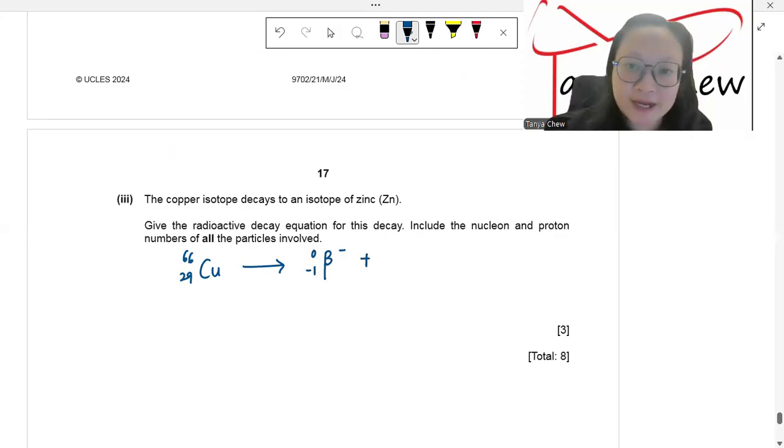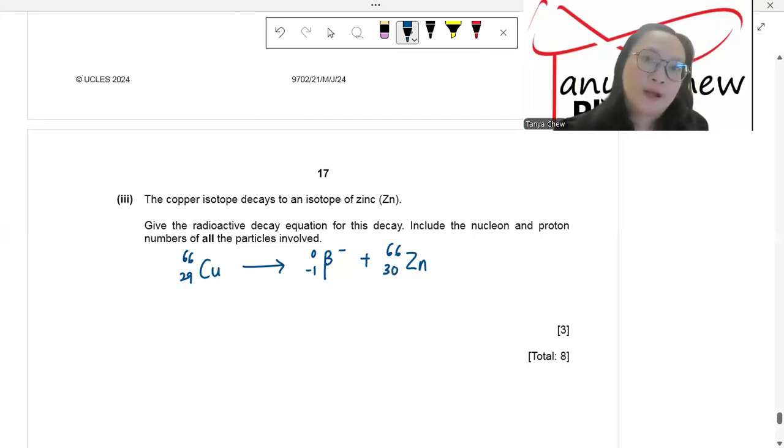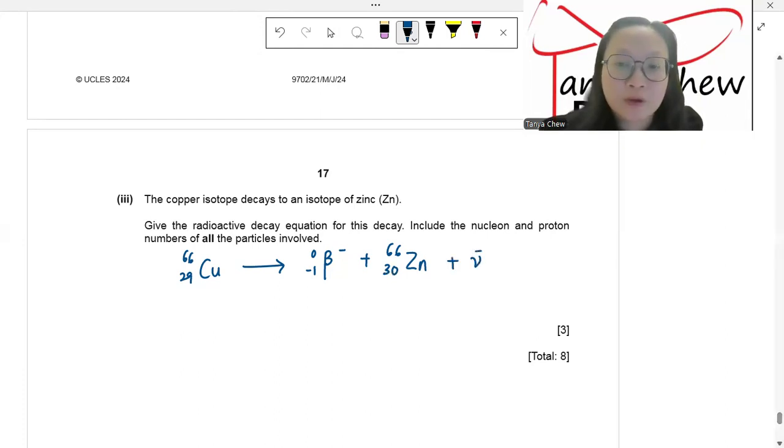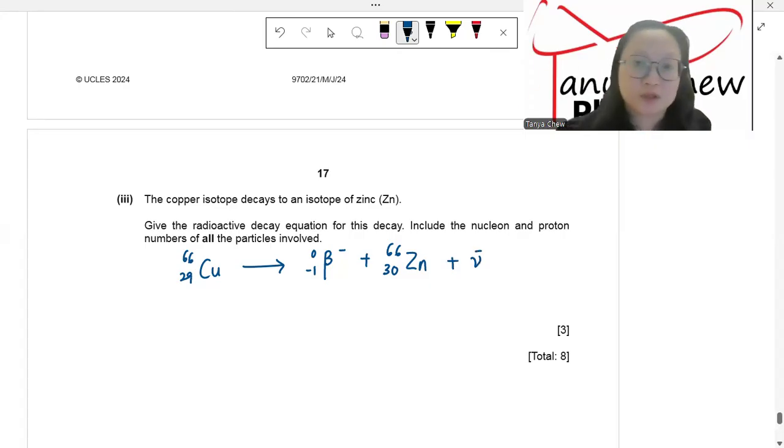And plus zinc, Zn. 66 plus 0, you get 66. 29 is equal to 30 minus 1. Because you have to make sure that the left-hand side proton number must be equal to the right-hand side total proton number. And plus antineutrino. Remember what I told you about the other particle that must also be emitted, which is antineutrino.